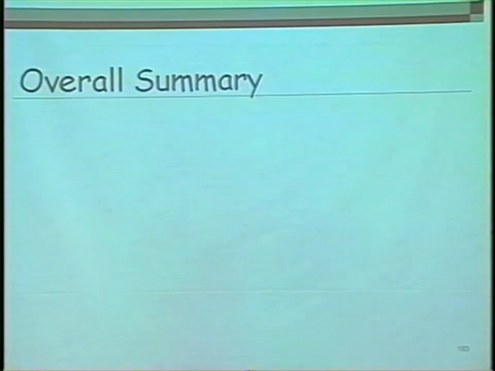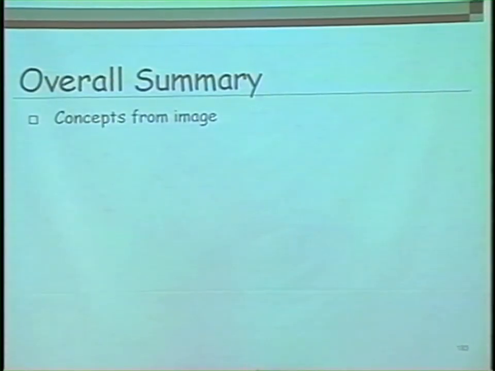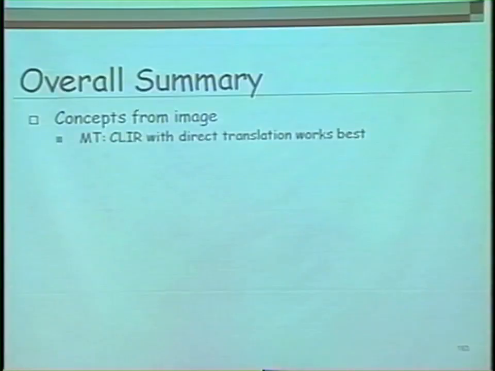So, summary, we extracted concepts from images by using the machine translation approach, and kind of the punchline here is that the simple cross-lingual information retrieval worked surprisingly well, and we didn't get anything out of things like IBM Model 4.